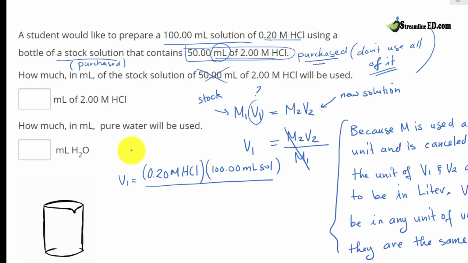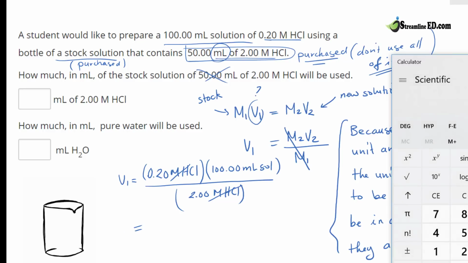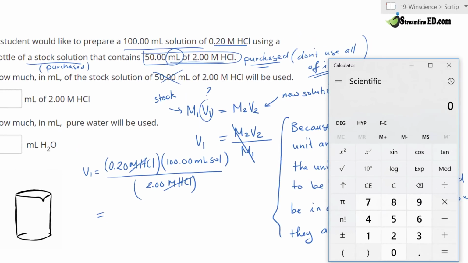That's what we are solving for, but we know the molarity, it is 2.00 molarity of HCl. And look what happened, molarity of HCl cancels out. Now let's plug this into a calculator: 0.2 times 100 divided by 2, and our answer is 10 milliliters.